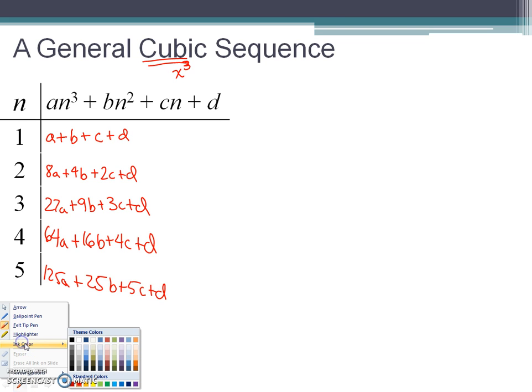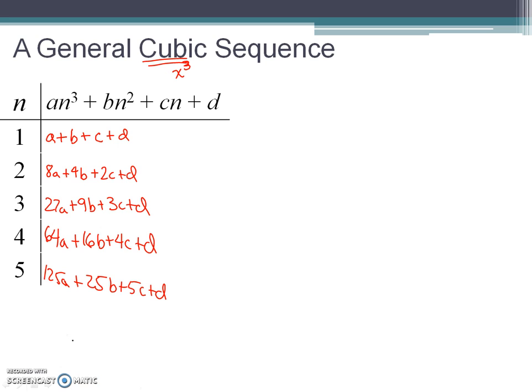So let's start finding the differences by subtracting successive terms. So we've got 7a, since we're doing 8a minus a, of course. 4b minus b is 3b, plus c. d minus d goes away. 27a minus 8a gives us 19a plus 5b plus c.